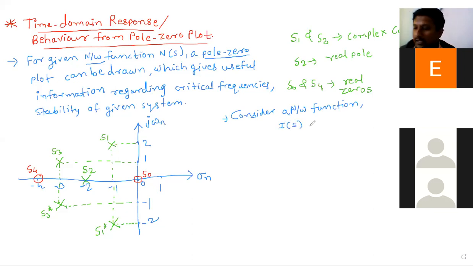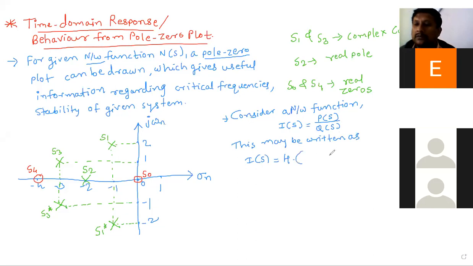I of S is equal to P of S divided by Q of S. These are polynomials, P of S and Q of S. This may be written as, since we already discussed poles and zeros, I of S is equal to H into, where H is the scale factor, that is nothing but B0 divided by A0, or A0 divided by B0, which we already discussed.